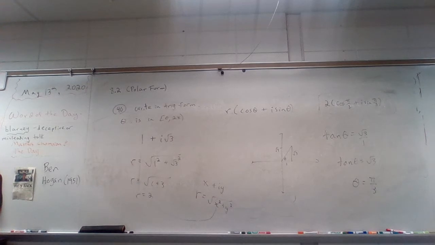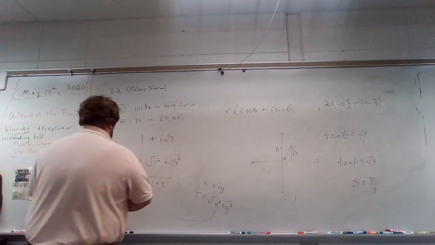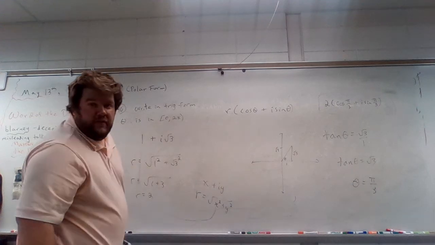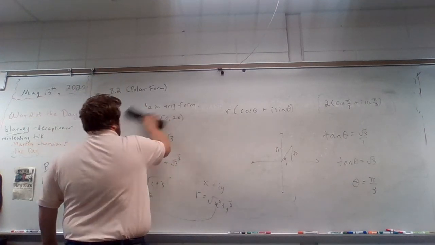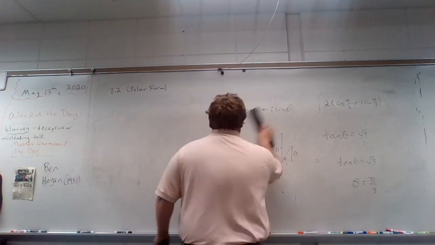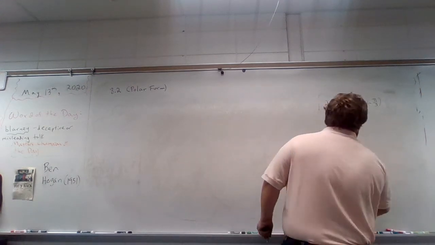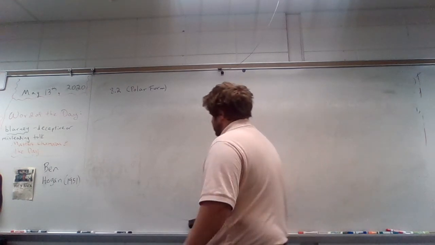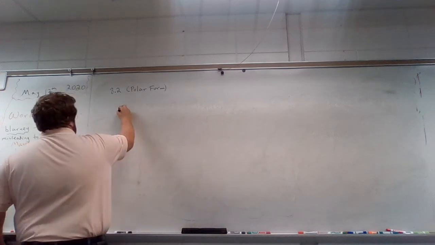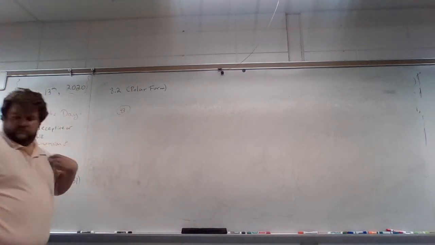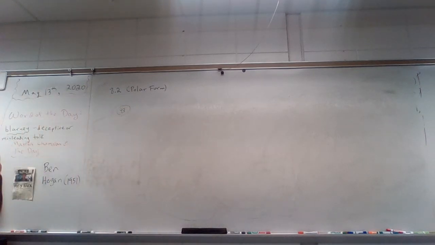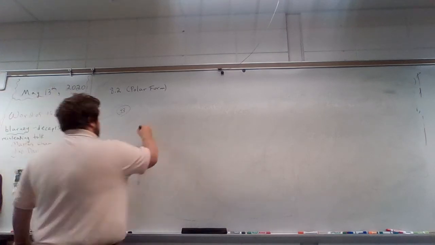Let's look at, say, number 43. Yeah, okay, pretty good on time here. So here our complex number is negative 5 minus 5i.